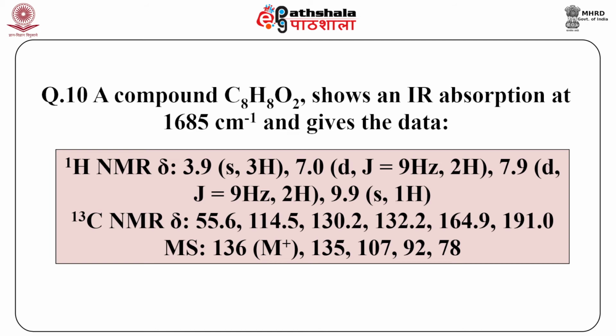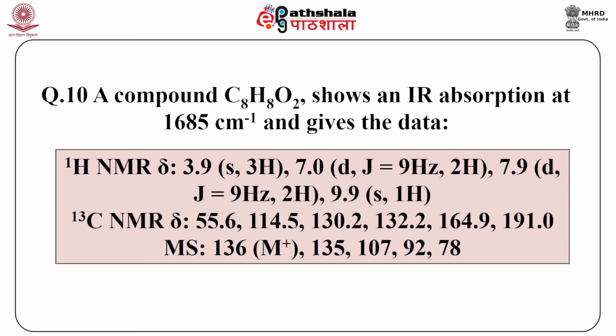Proton NMR: 3.9 singlet for 3 protons, 7.0 doublet with coupling constant J equal to 9 Hz for 2 protons, 7.9 doublet with J equal to 9 Hz for 2 protons, 9.9 singlet for 1 proton. Carbon-13 NMR shows the peaks at 55.6, 114.5, 130.2, 132.2, 164.9, 191.0 ppm.